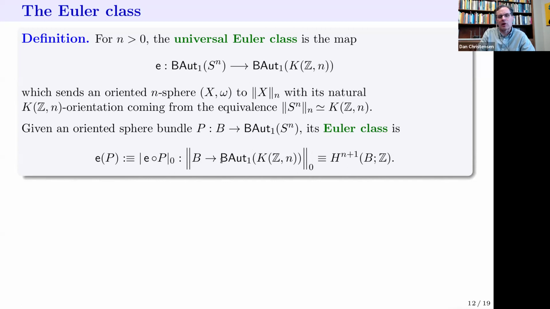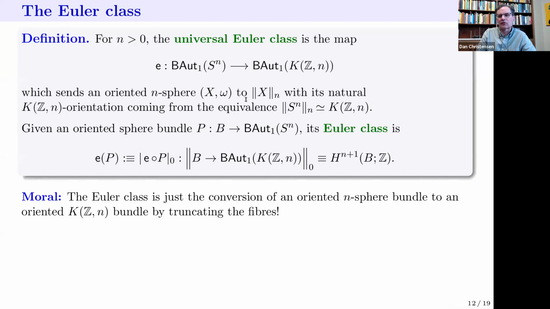But remember, this is a model for K(Z,n+1). So I get something in the (n+1)st cohomology of the base with coefficients in the integers. And again, it's very concrete. You take your sphere and you truncate it. So the Euler class just converts a sphere bundle to a K(Z,n) bundle by truncating the fibers.